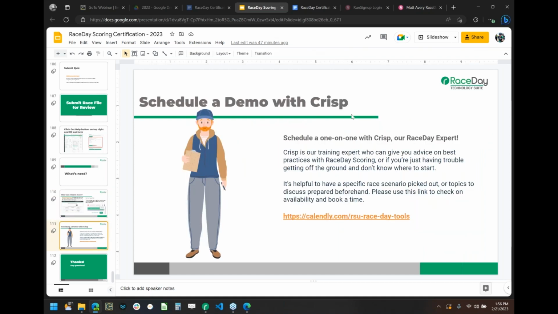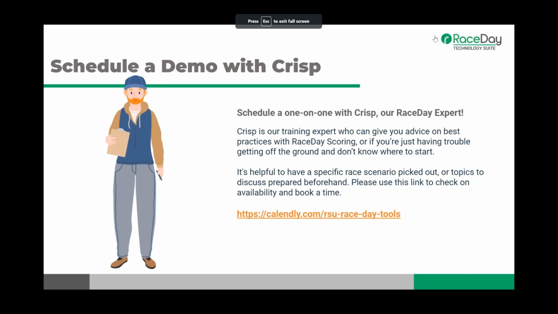In addition, if you're interested in learning more about best practices specifically for your company or your chip system, scheduling a demo with CRISP is your next course of action. If you are really interested in taking a deep dive into how you would rescore a race with RaceDay scoring that you've done in the past, or if you want to learn more about how you should best structure your folders or set up your streams, go ahead and get in touch with him.